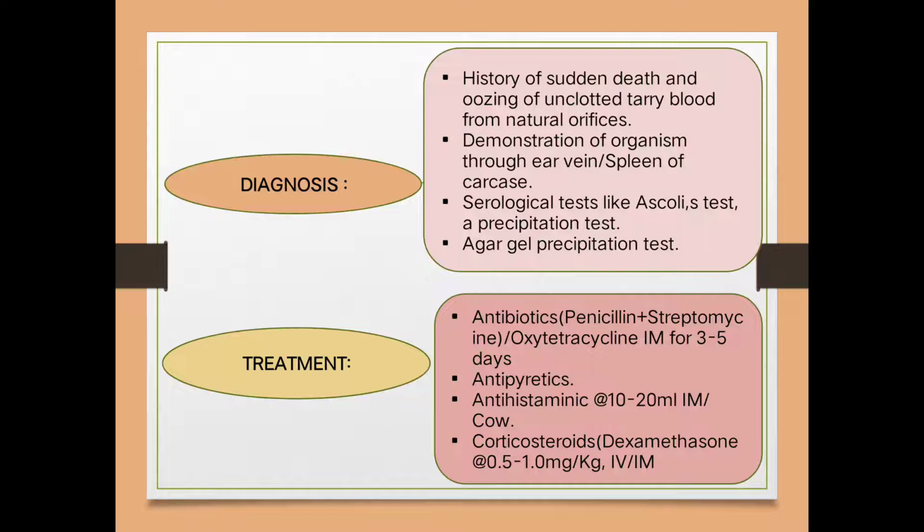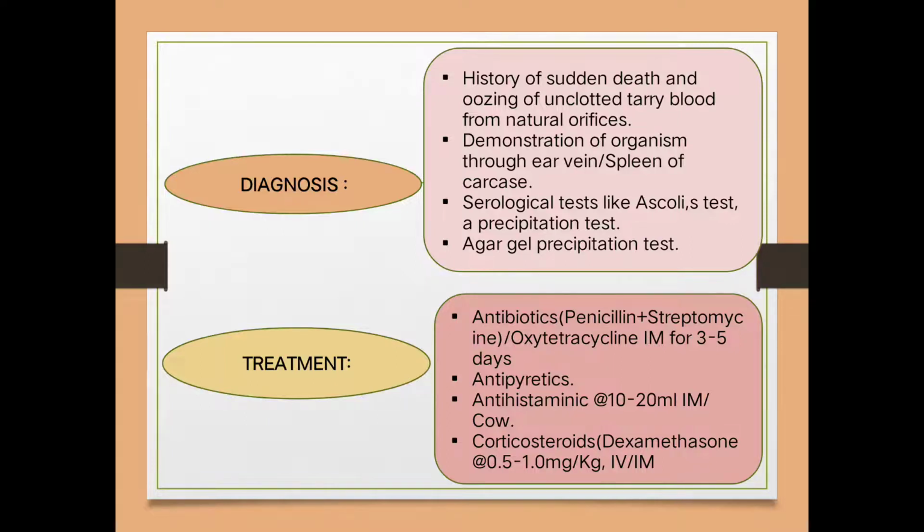And one more test, that is the serological test, is the Ascoli's precipitation test, where we take a piece of ear or spleen, mince it, and boil it for 2 to 5 minutes. Then we cool it. After centrifugation, we collect the supernatant in a test tube and add the antisera to that supernatant.